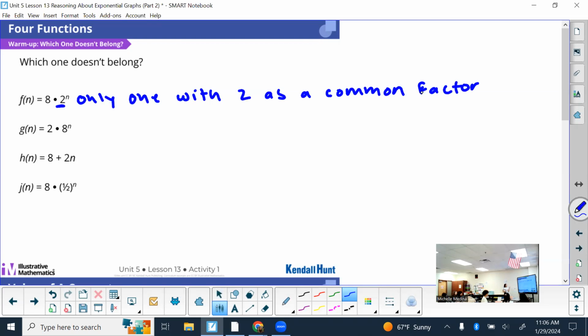Table 8, give me a reason why g of n doesn't belong. It's the only one with eight as a common factor. Only one with 8 as a common factor. Not wrong. Can someone else give me another reason why it doesn't belong?